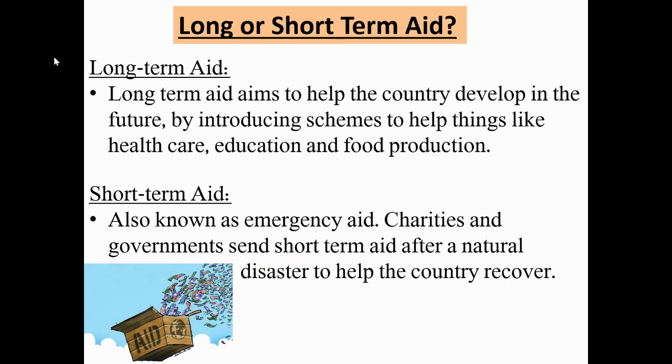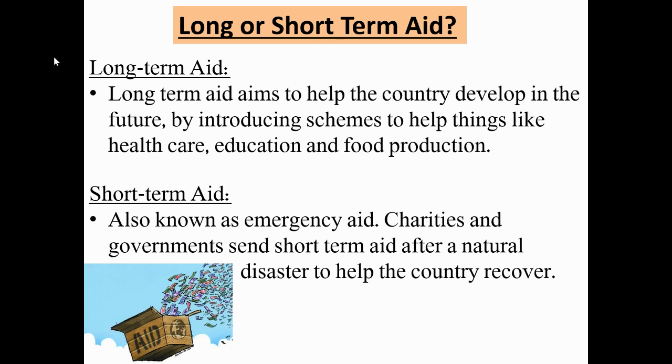Now, long-term or short-term, what do these things mean? Long-term aid aims to help the country develop in the future by introducing schemes to help things like healthcare, education, food production. So it's not thinking about helping the LEDC today. Take education, for example. If you have a more educated population, if girls and boys have the same opportunities to go to school, and can then go into further education like university, they could maybe become doctors or leaders who can help that country in the future.